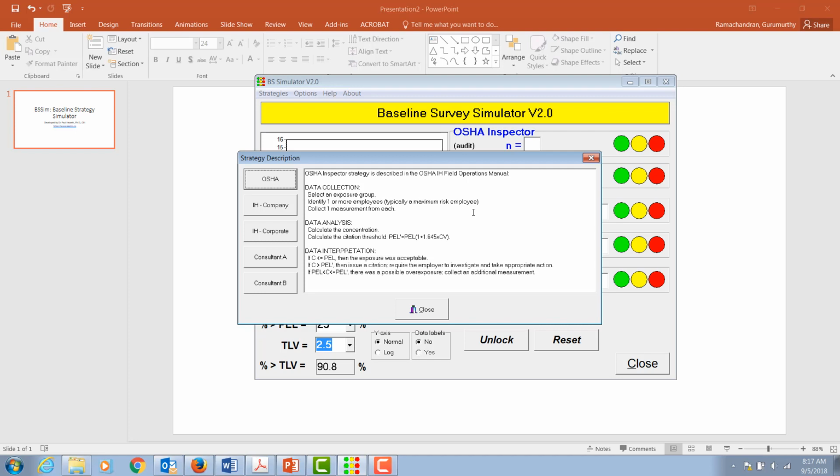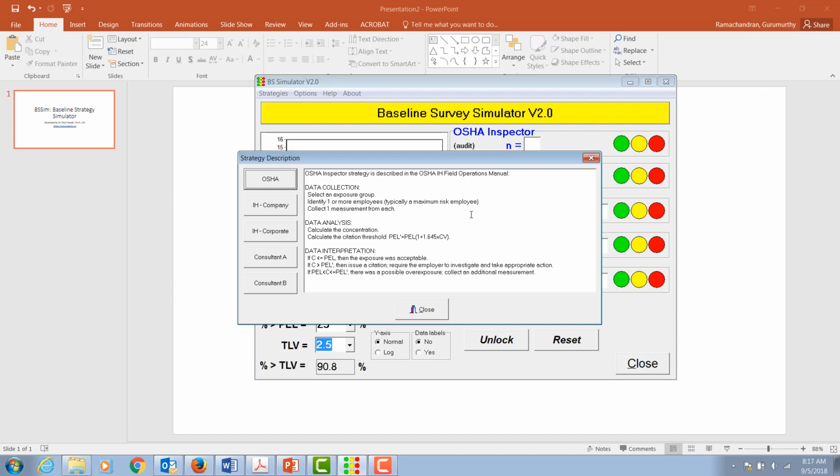And then you collect one measurement from each. And the data analysis is essentially you calculate the concentration and you calculate the citation threshold, which is essentially the permissible exposure limit times 1 plus 1.645 times the coefficient of variance of the analytical method.